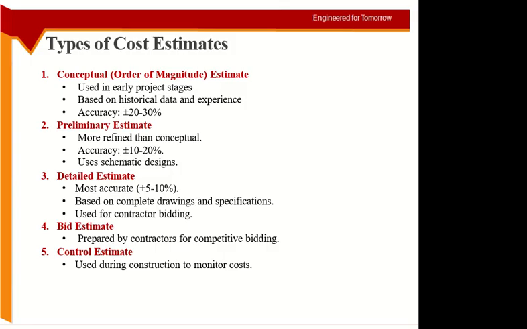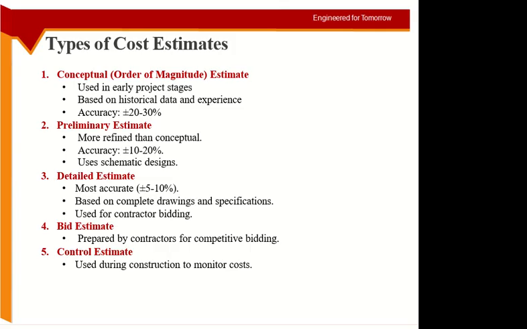So when you are at the early stages of your project, you are just brainstorming. Okay, if I start this project, how much cost I will need. Okay, so you are using your experience, you are using historical data when a 20-story building was built in the last 5 years. How much was the approximate budget? So here you are relying on experience and past data.